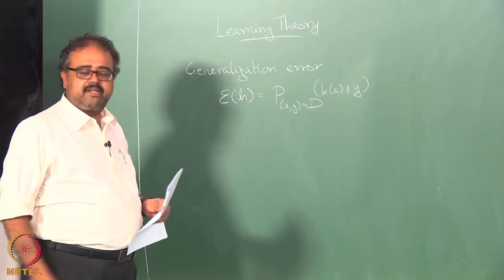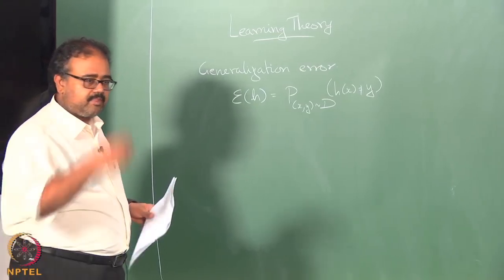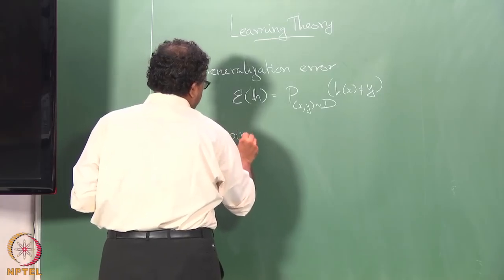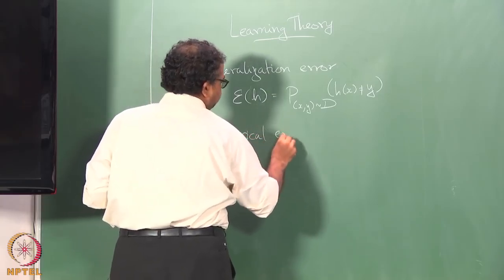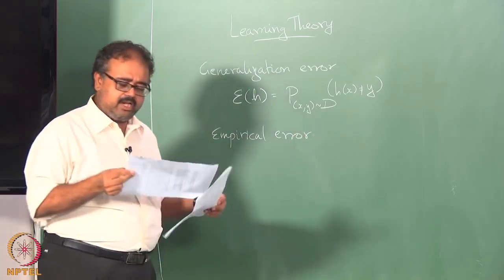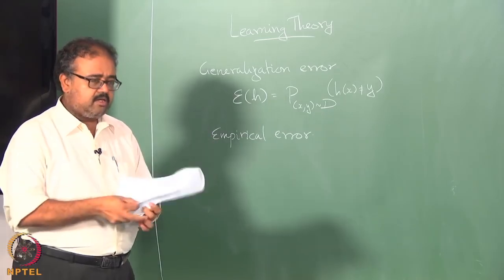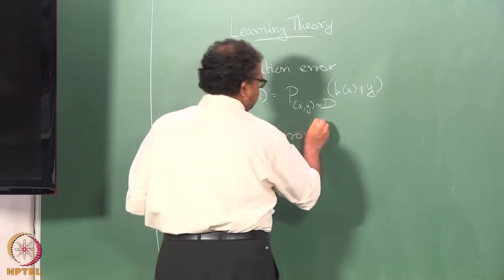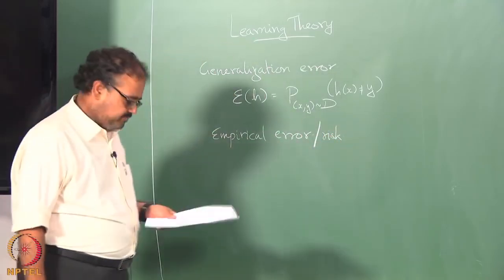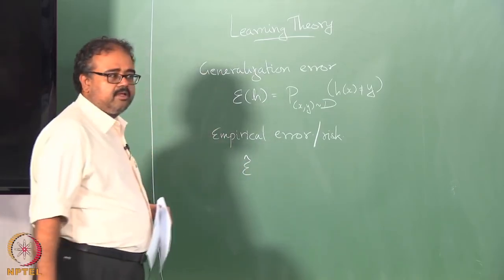But typically what is the error that we have access to? We have access to only something called an empirical error, or sometimes called empirical risk, which we will denote by epsilon cap.